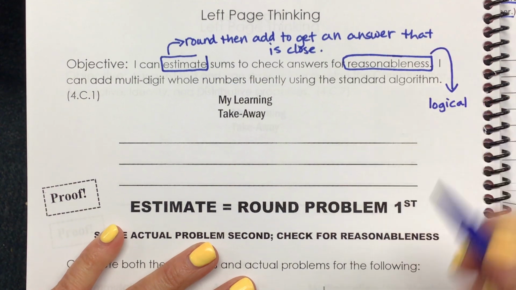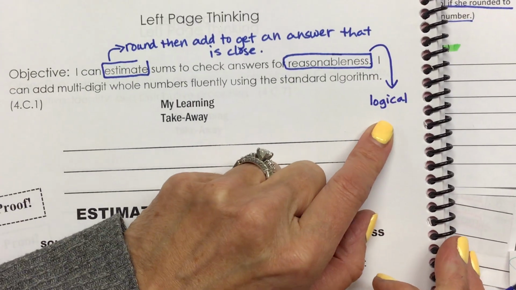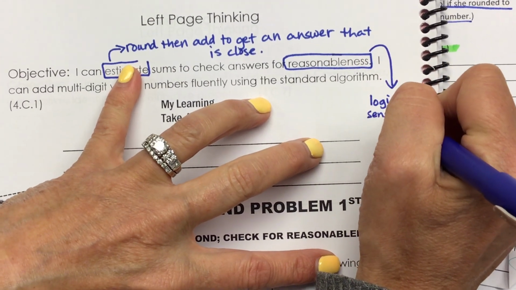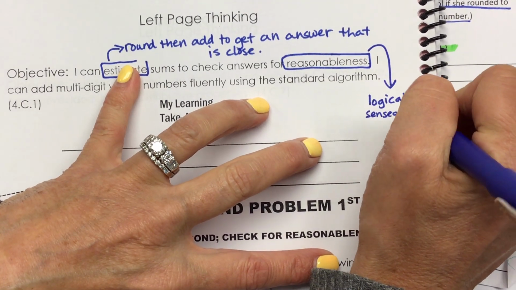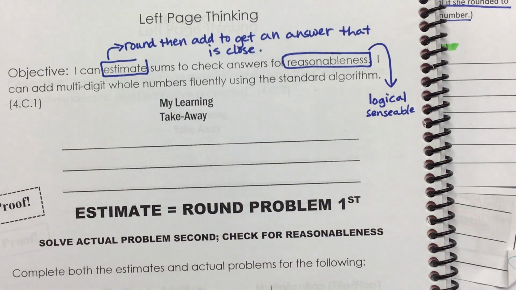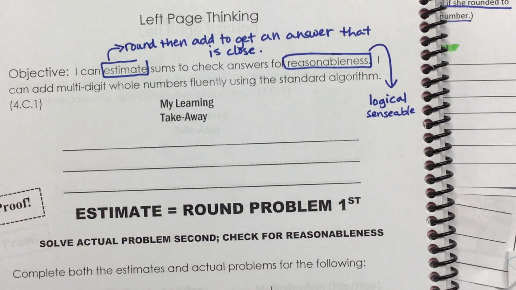Okay. How about the word logical? Do you know, is that a synonym? Or sensible? Say something that makes sense. I'm not 100% sure how to spell sensible, but we know what that means. Logical or sensible doesn't mean that you're checking your answer to make sure it's exactly correct, but it does mean that we're checking to see if our answer makes sense. Is it logical?